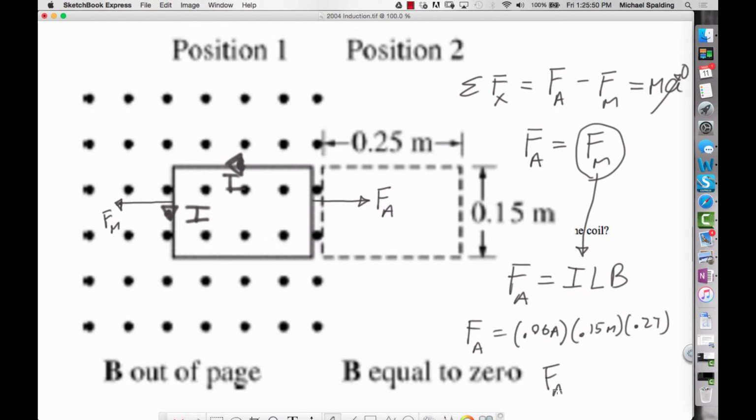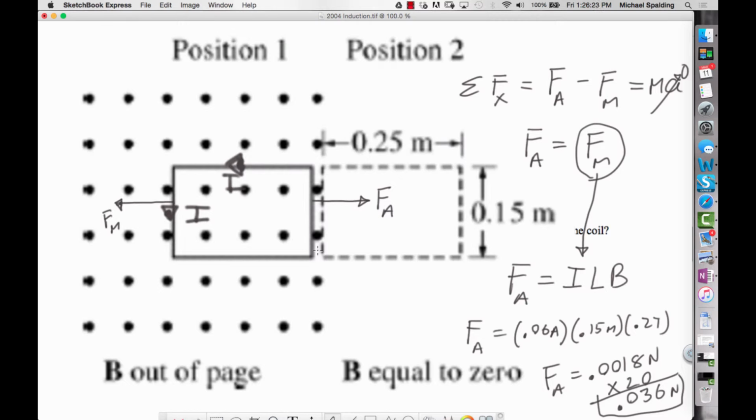So this gives us an applied force of 0.0018 newtons. But how many loops of wire is this? 20. So this is for one wire. So since there's 20 loops of wire, you multiply that by 20 to get the total force, which is 0.036 newtons. So that's the force required to pull the loop out.